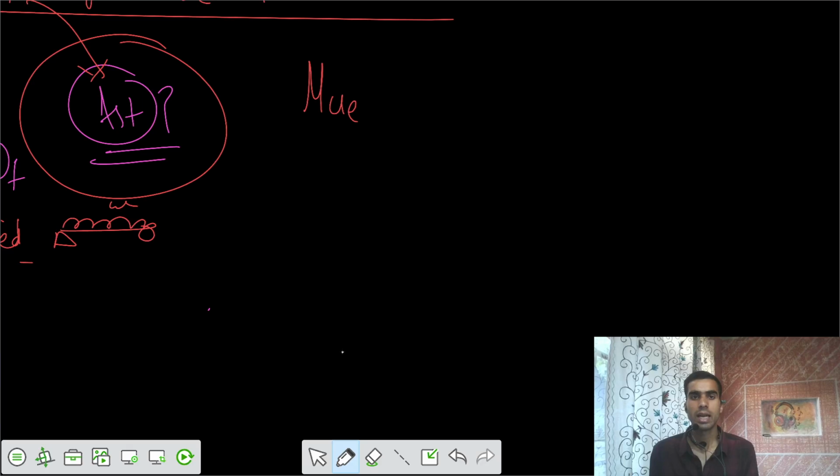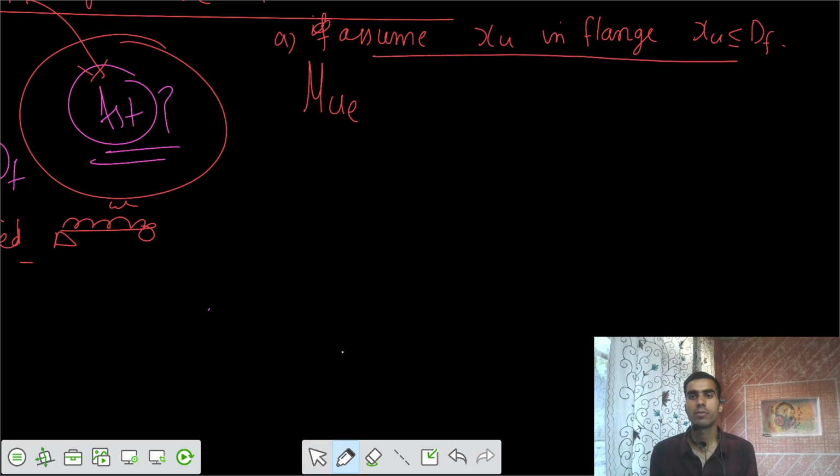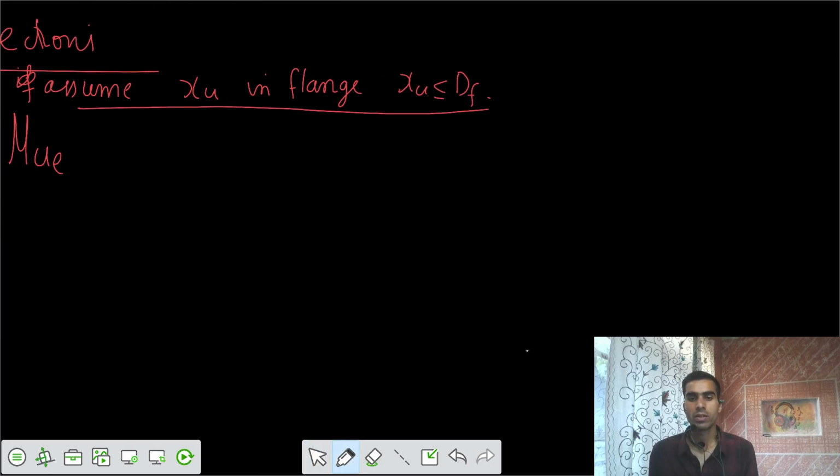Once you have calculated that MUE, the first case is, let's assume that the neutral axis is in the flange. That means XU is less than or equal to DF. For this first case, do you know the equation for the moment of resistance?